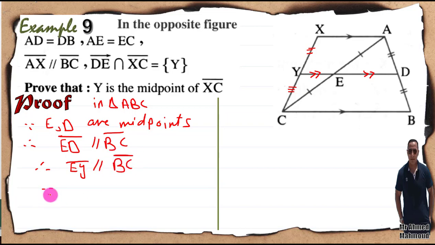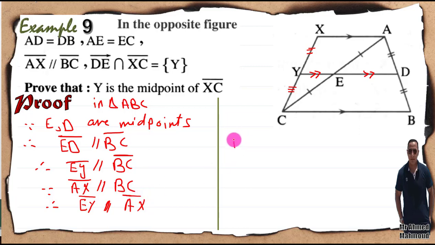Since AX parallel to BC, therefore EY parallel to AX.